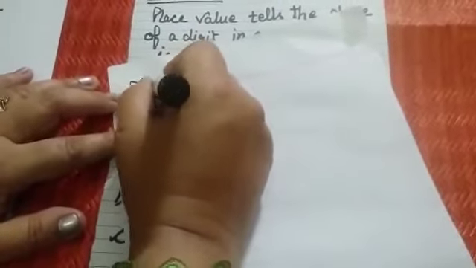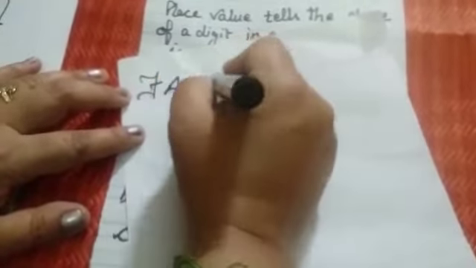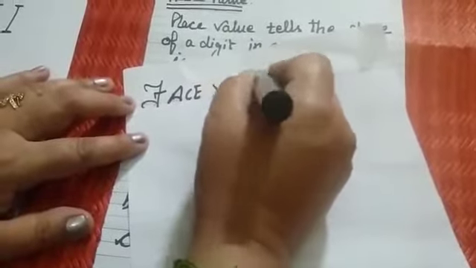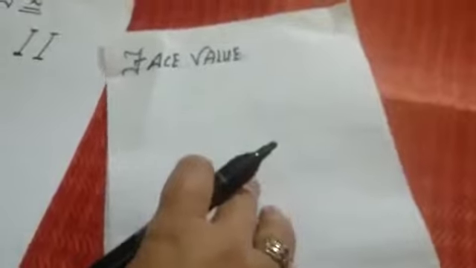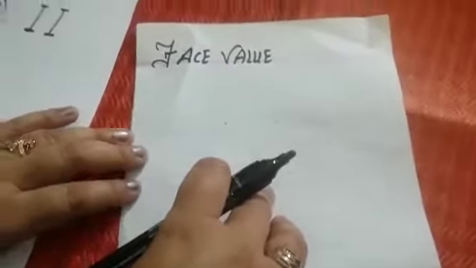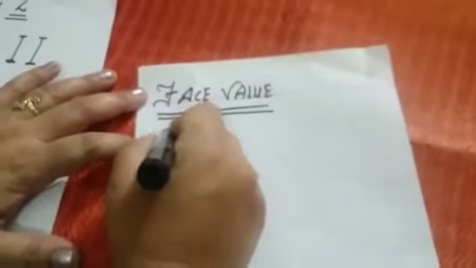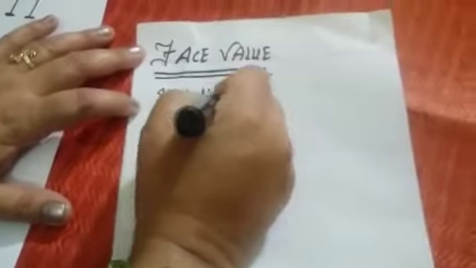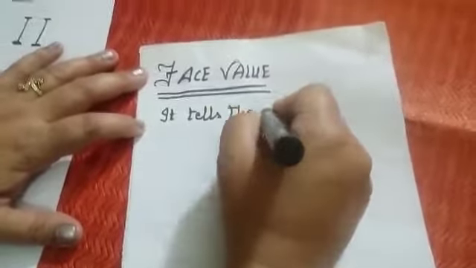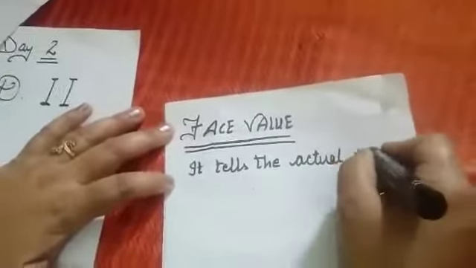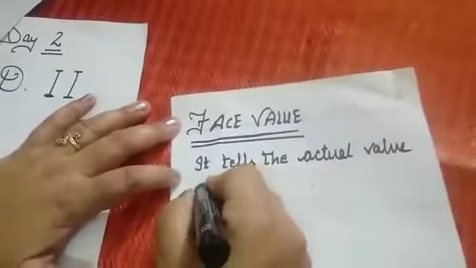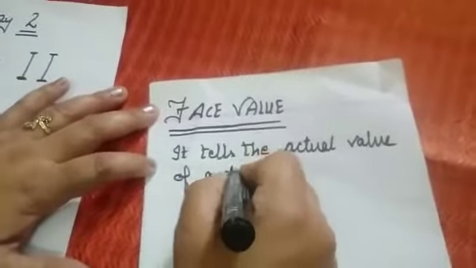Face value. What is the face value? Yes, tell me the face value. Beta, face value means actual value of a digit in a number. It tells the actual value of a digit in a number.